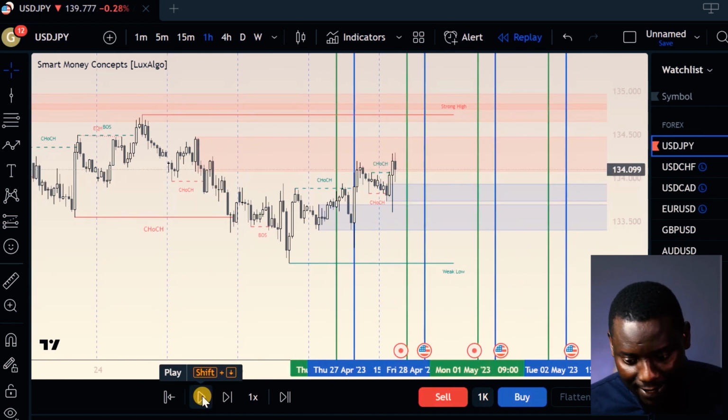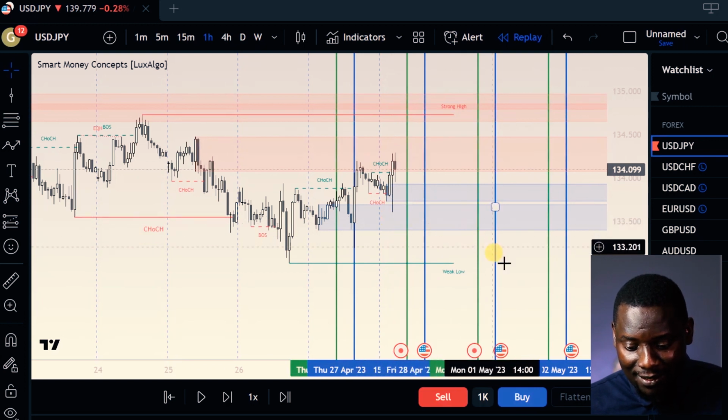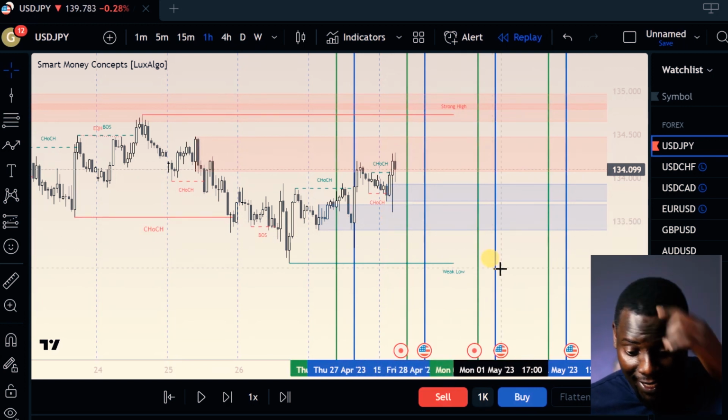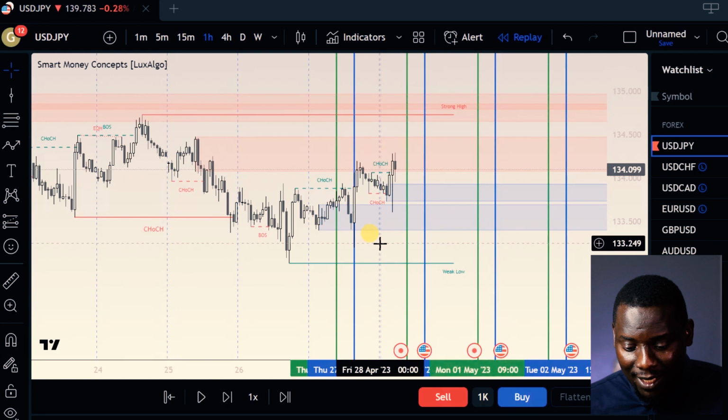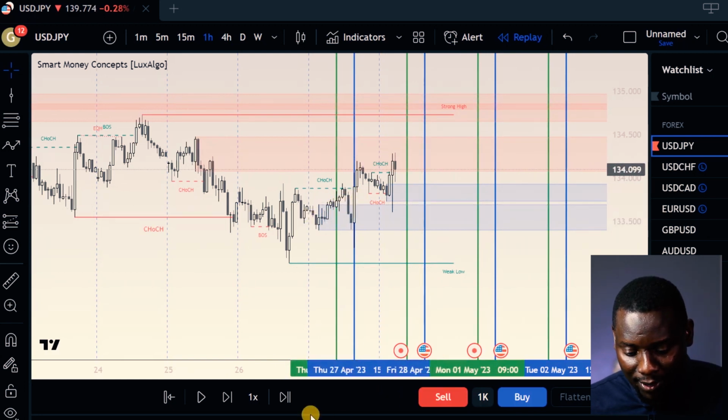Okay, so now here, usually at around this time, 5 a.m., I've really not woken up to check on the market. So most of the time, once I know that this expansion happened, you can see this expansion formed an order block right here.